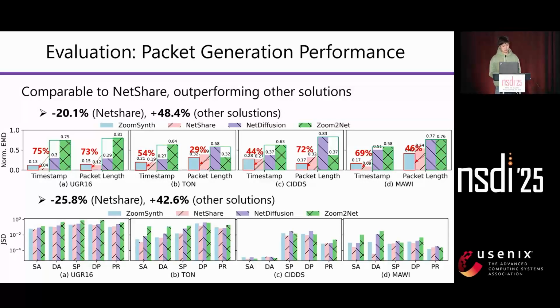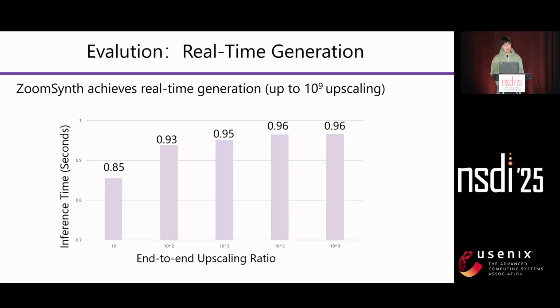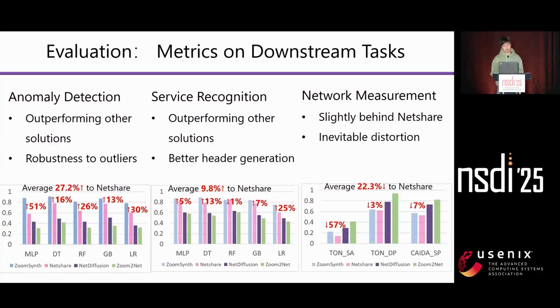And similar trends can be found in header field generation. And we also evaluate real-time generation. Even under 1 billion times upscaling, ZOOMSYNTH can generate all packets within 1 second. And this result is based on our open source data sets.